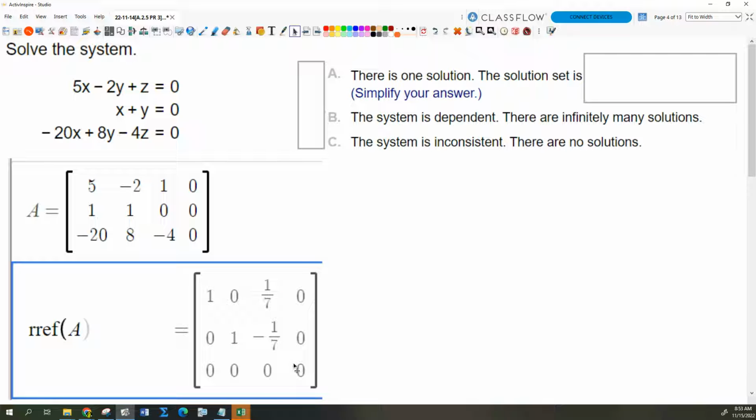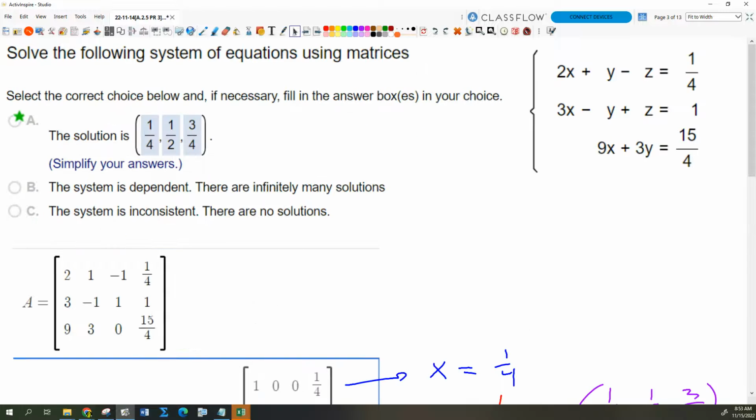Okay, give me thumbs if you got the same thing I did. Does that make sense? Okay, so let's compare that to what we got last time.